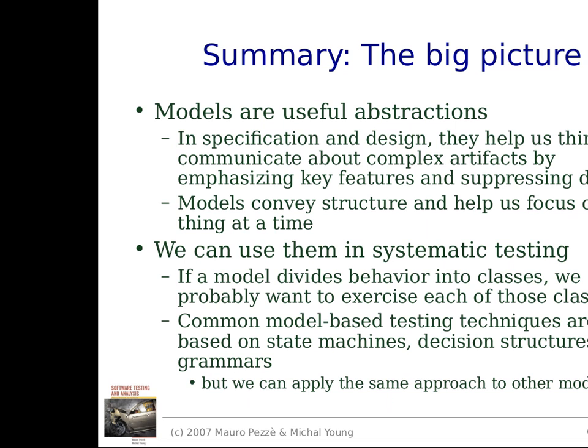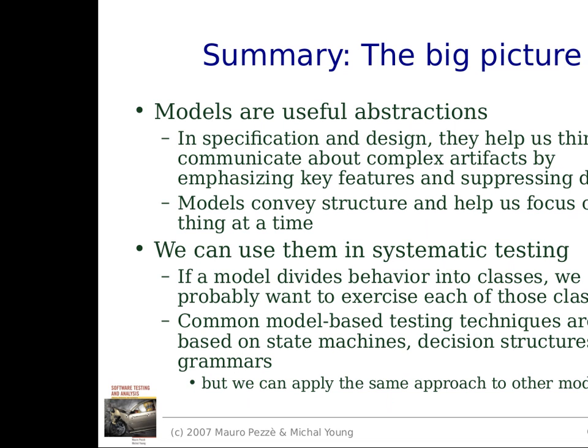Okay, so quick summary. Hopefully most of that made sense. Models are very useful abstractions. Again, a model is an abstract concept to try and give us some useful feedback on what we're trying to do. They're very useful in specification and design to help us think of and communicate complex artifacts by only emphasizing the key features, and then of course suppressing the details, ignoring the small things that aren't going to matter right now.